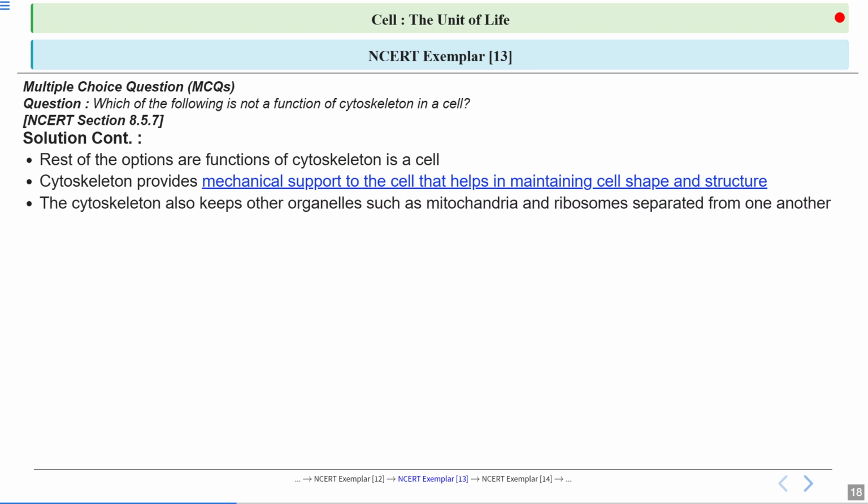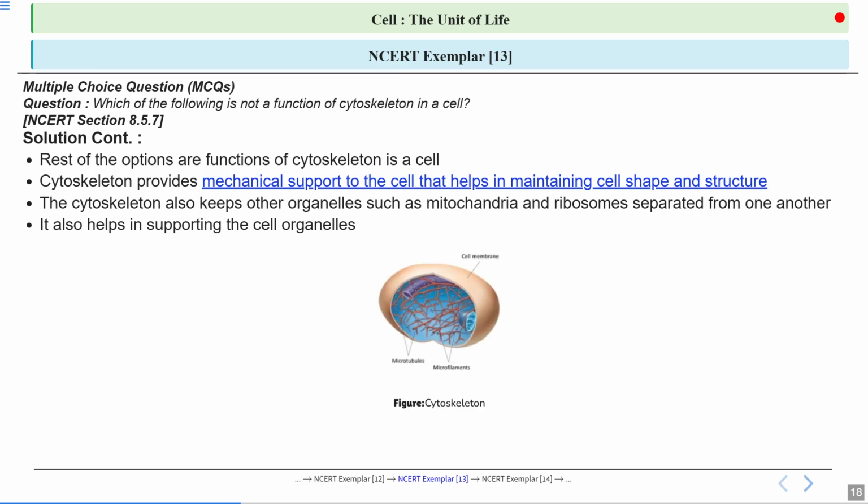The cytoskeleton also keeps other organelles such as mitochondria and ribosomes separated from one another. All the organelles do not get confined to one particular place. They are spread out, and mitochondria and ribosomes, you will not see present at the same place. So it also helps in supporting the cell organelles.